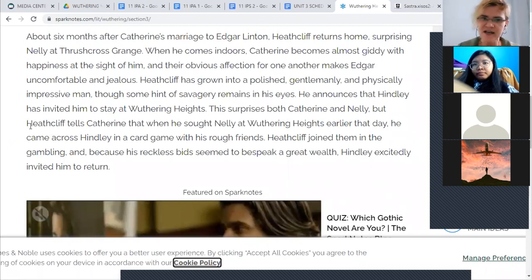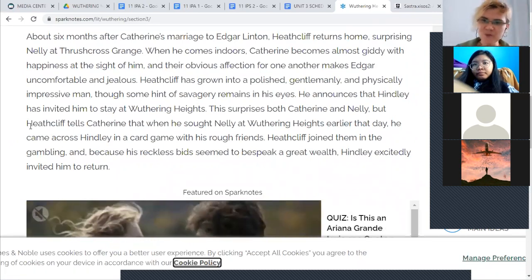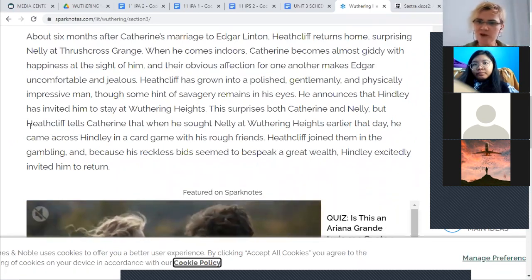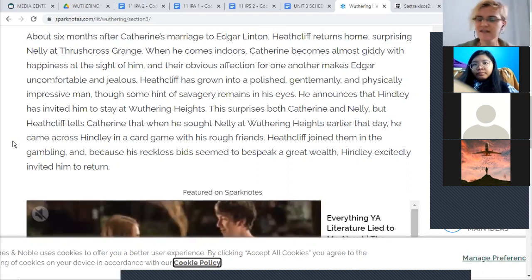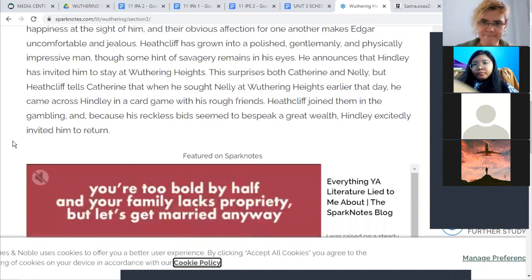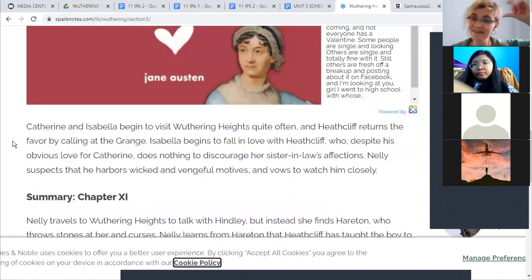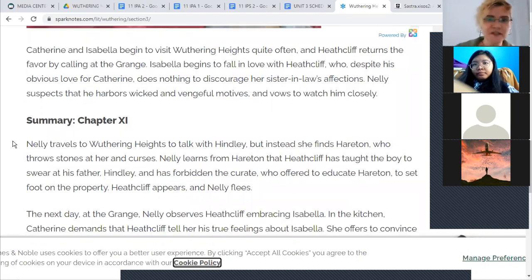Because Hindley sees that Heathcliff has returned with a lot of money. And Hindley didn't work and doesn't have much money anymore. He's becoming bankrupt. So he kind of needs Heathcliff's help to finance the estate. So in that sense, there is a bad motivation from Heathcliff.